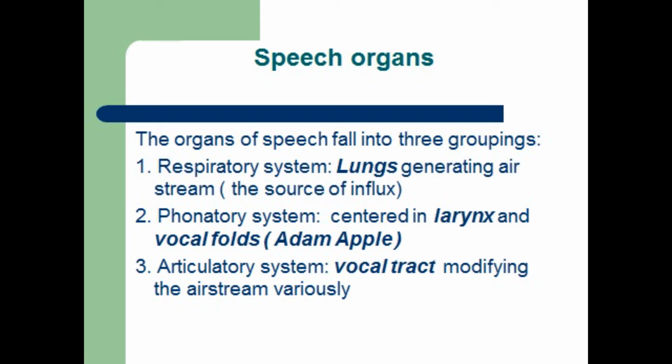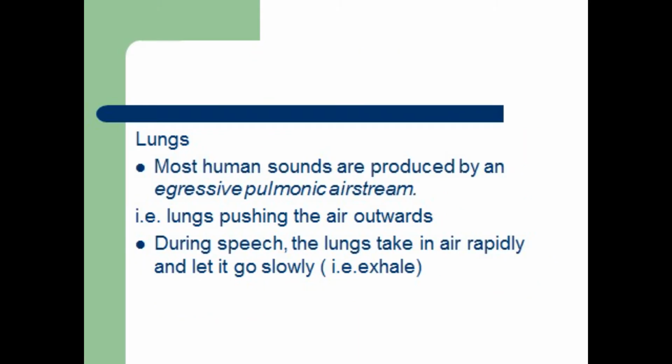Then the third part, which is the articulatory system, which includes the vocal tract. The vocal tract modifies the air stream in many movements, many situations, and plays a major role in the production of speech sound.